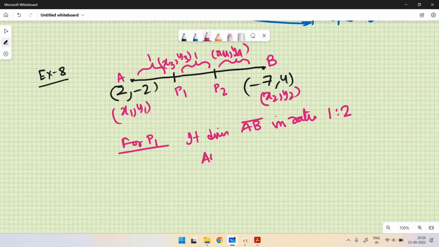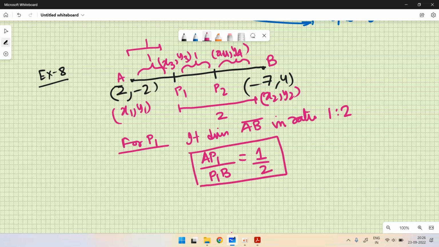How? AP1 by P1B: this is one part, and this whole thing is 2, so this is 1 is to 2.